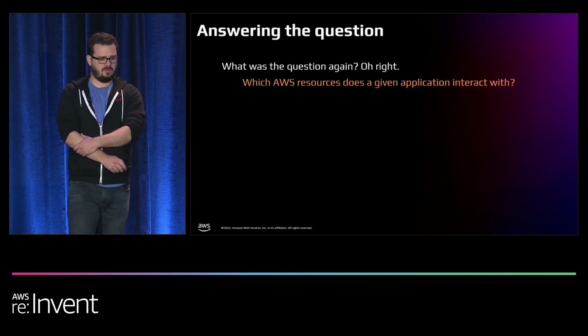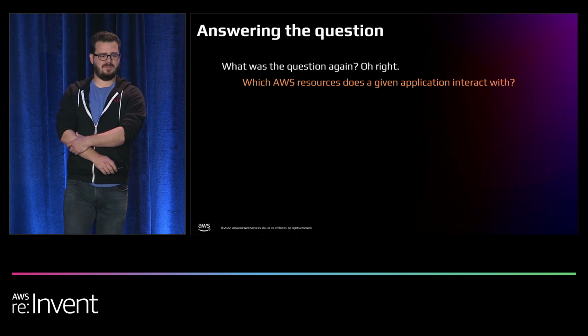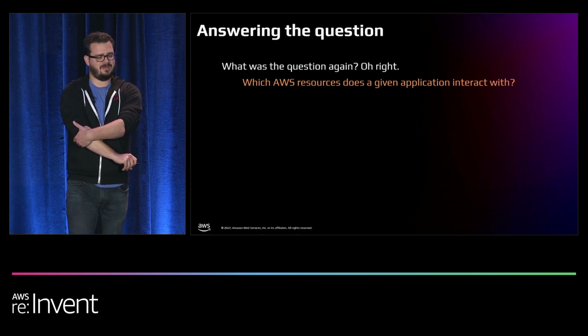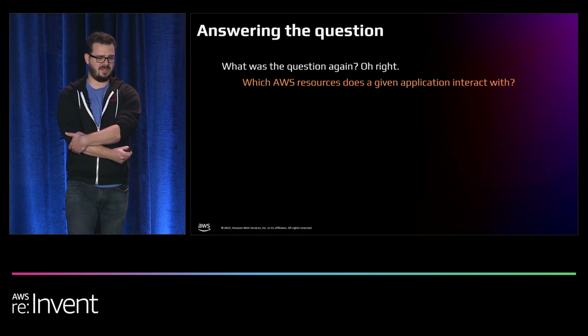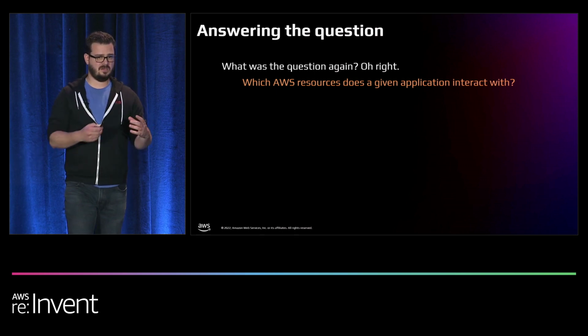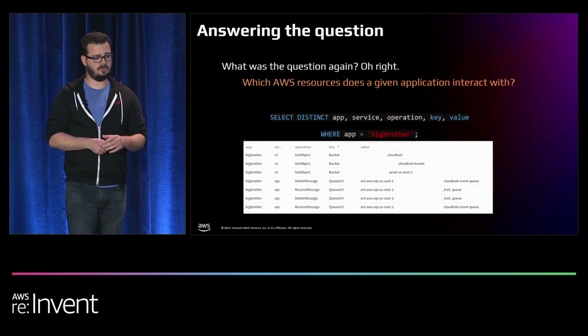So let's go back to what the initial question was that we were trying to answer: which AWS resources does a given application interact with. Now that we have all of this data sitting in a relational database, we can just use SQL, grab the service operation key and value for a given application. And as right here, we can see the bucket names, slightly sanitized, the queue names, again, slightly sanitized.